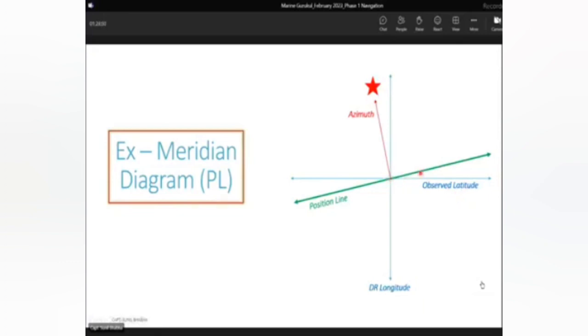So depending upon where you are on this PL, which we will find out when we have a second PL, wherever the second PL crosses it, that will be our fix. So depending upon at which point you are on this PL, the latitude is going to differ from the observed lat. So this is the ex-meridian plot. So I hope it is clear now, beta.